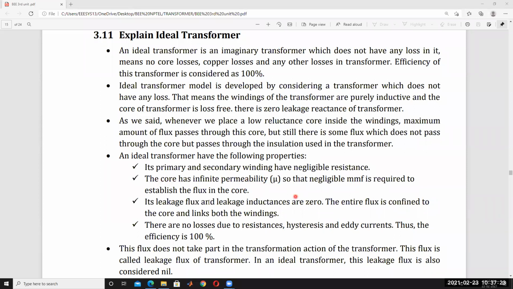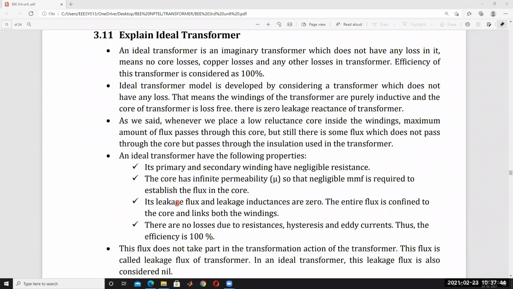Ideally, the leakage flux and leakage inductances are 0. First, what is meant by leakage flux? On the primary side, some amount of flux is generated that links to the secondary side. That is called useful flux.